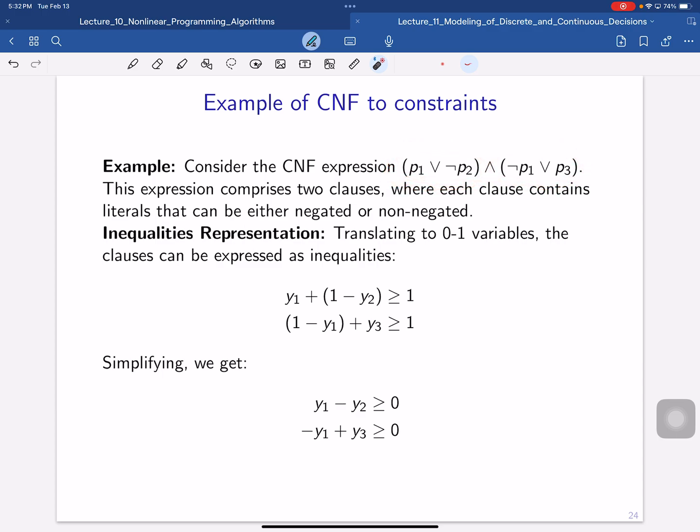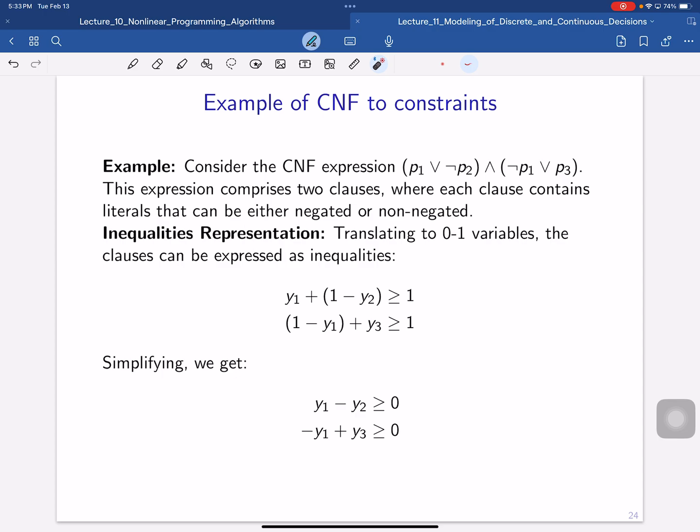Since you have the AND operator outside the parenthesis, whenever you have an AND, it means this thing has to be true and this thing has to be true in order for the whole CNF to be true. So it is equivalent to say each of the logic expressions in each of the parentheses is true.